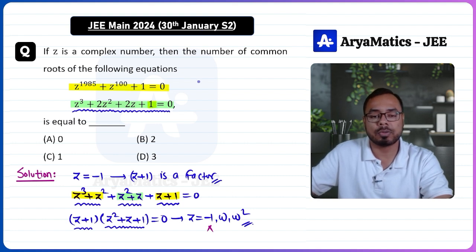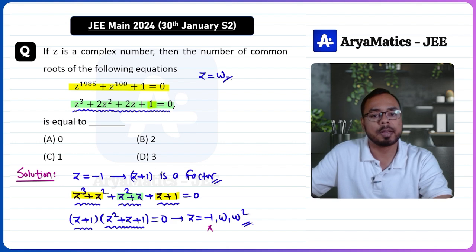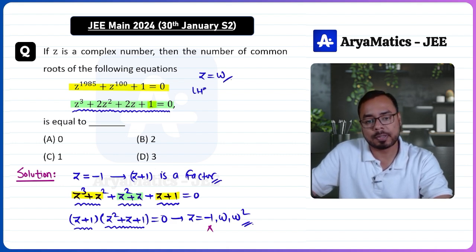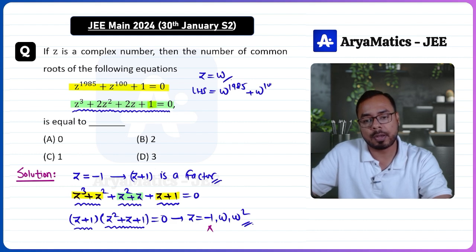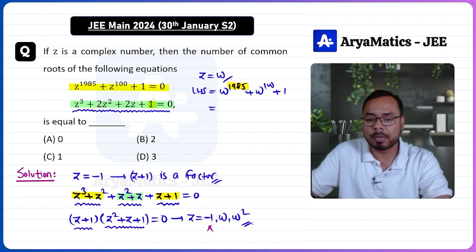If I take z as omega, let us check with z equals omega. Remember, omega cube is 1. So if I take z as omega in the first equation, the left hand side will be omega raised to 1985 plus omega raised to 100 plus 1. Now, because omega cube is 1, we can divide 1985 by 3, and the remainder will be 2.